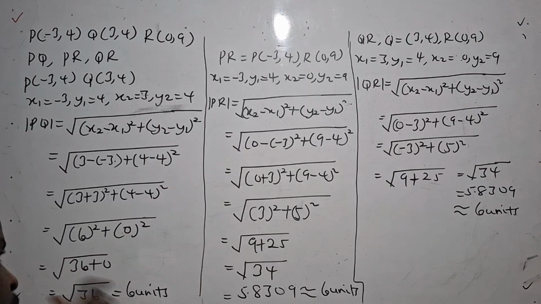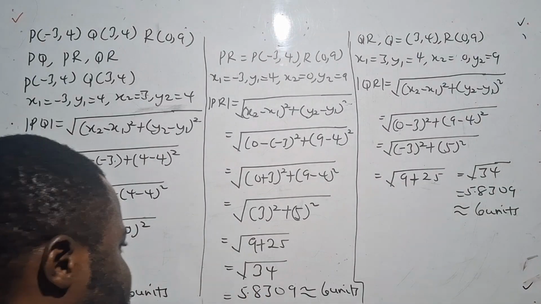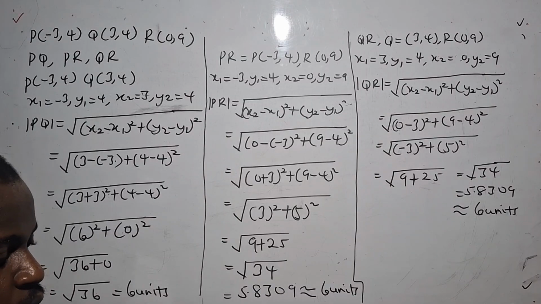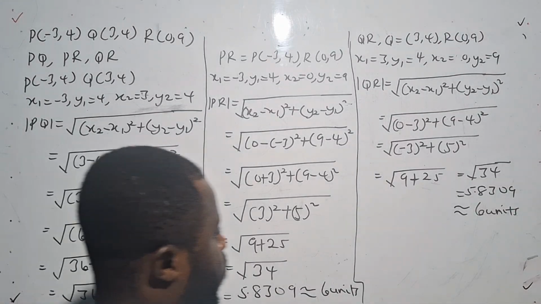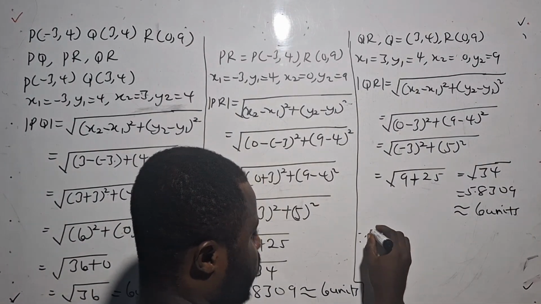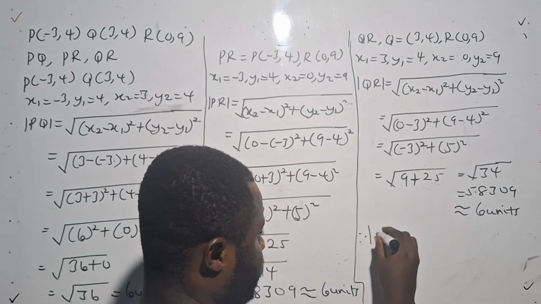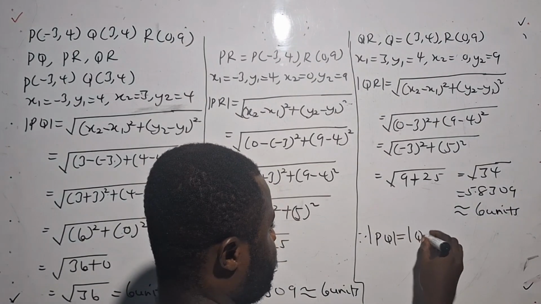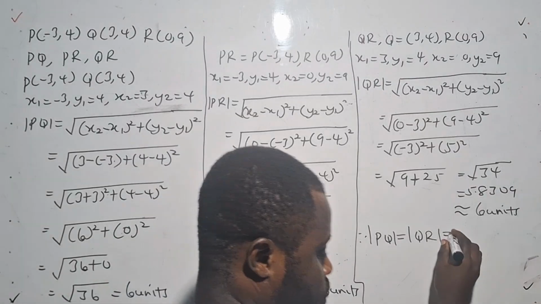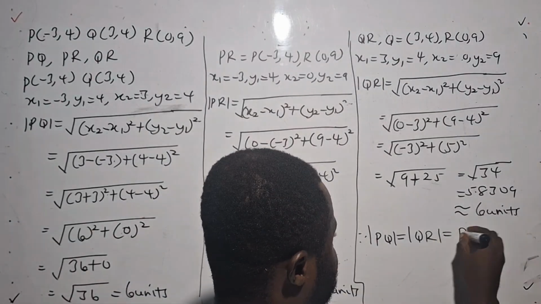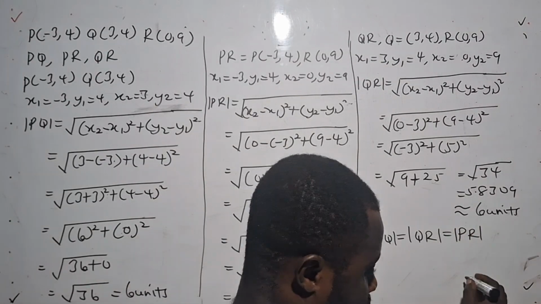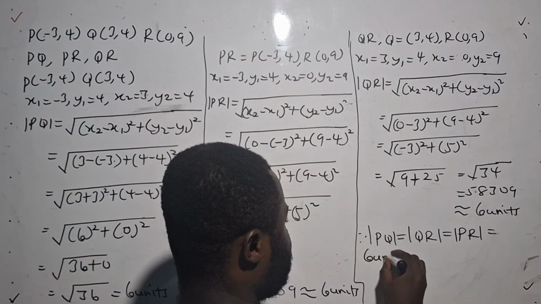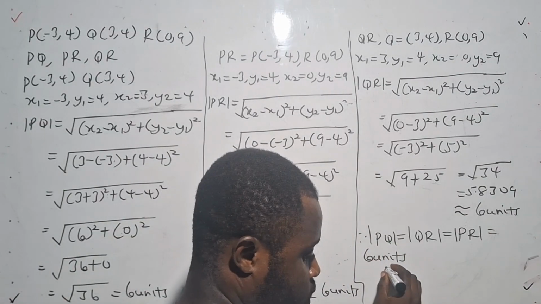So we got only a perfect square here, but here is closer to the 6. So therefore, we can say the length PQ is equal to length QR, which is also equal to PR, for which they are all equal to 6 units.